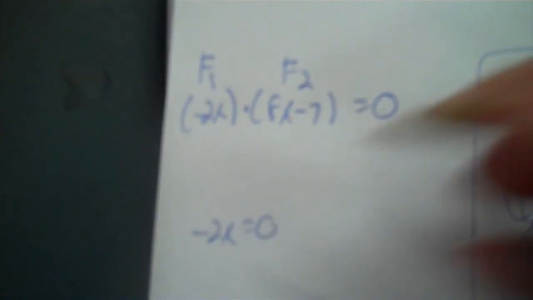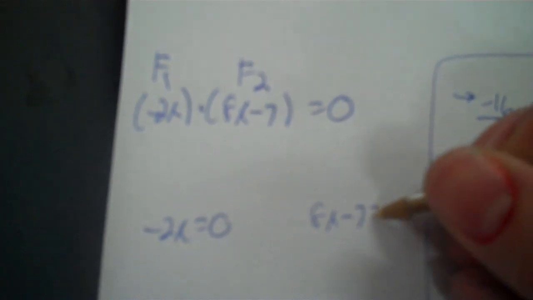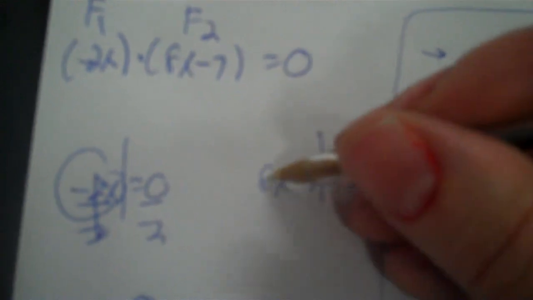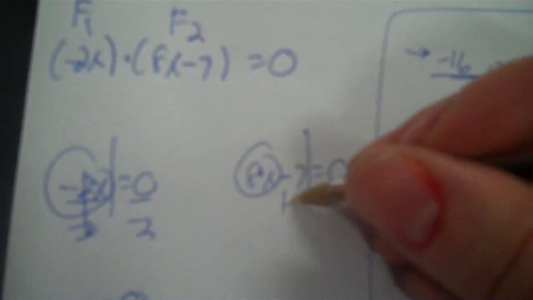So, F1, F2. So, negative 2x could equal 0, 8x minus 7 could equal 0. So you divide by negative 2, 0 divided by negative 2 is 0. Then times 8 minus 7. So plus 7, 0 plus 7, 7.